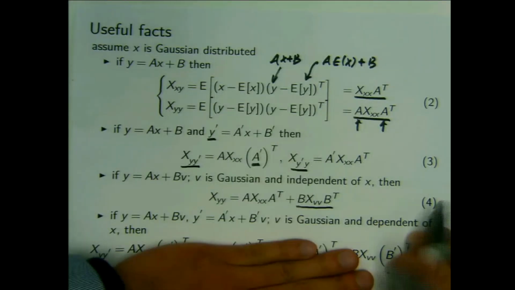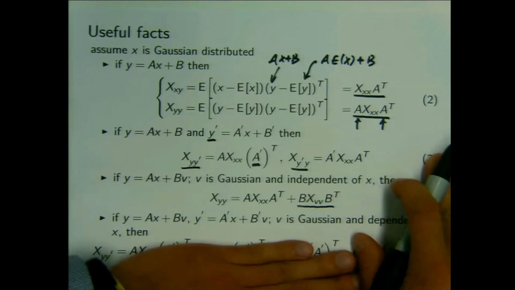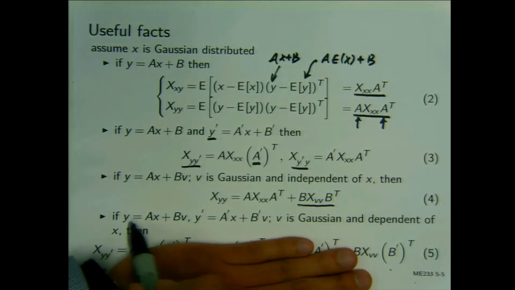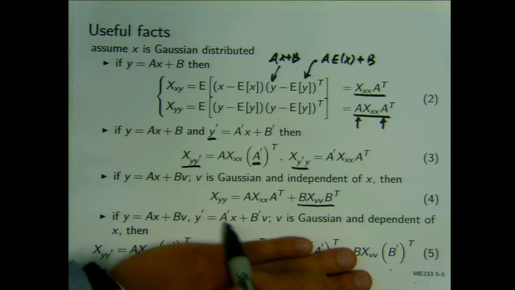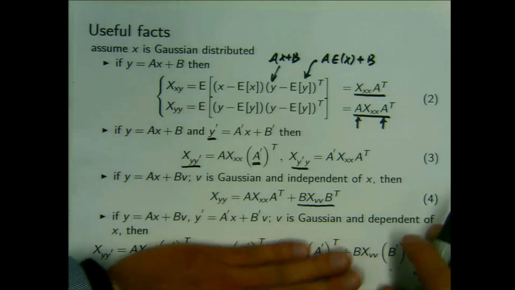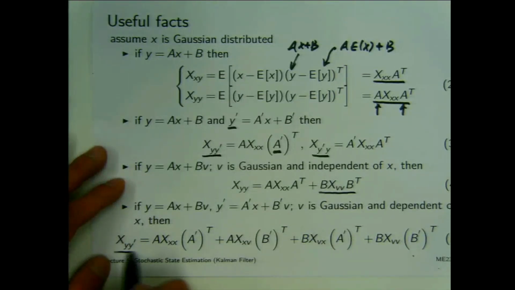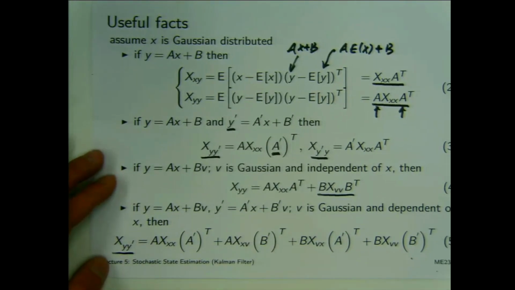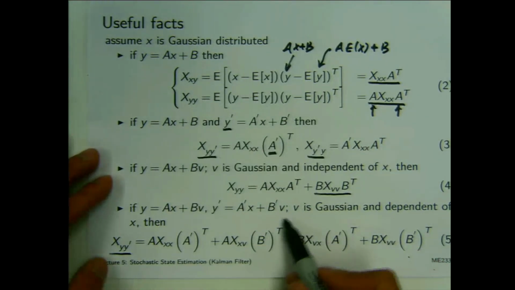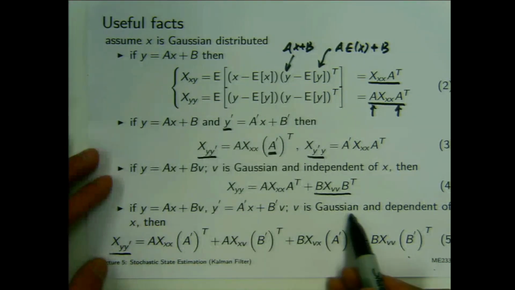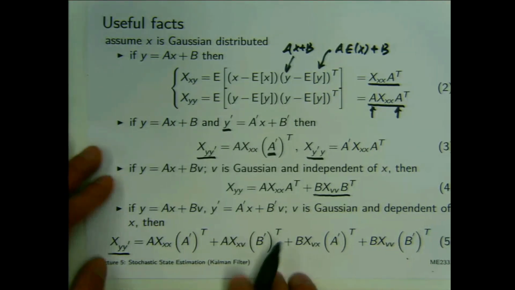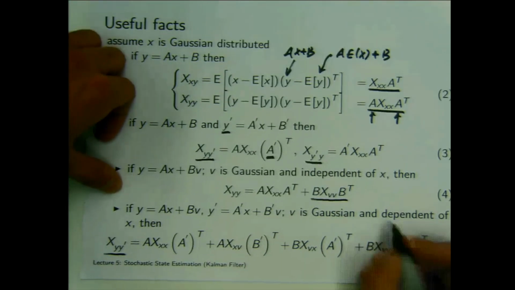All right. The last one. Now we have two measurements, but these measurements have different dynamics. One is A, B, and the other is A prime and B prime. What about the cross covariance between Y and Y prime? Here is the difference.